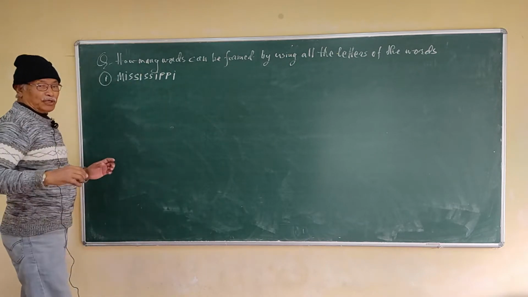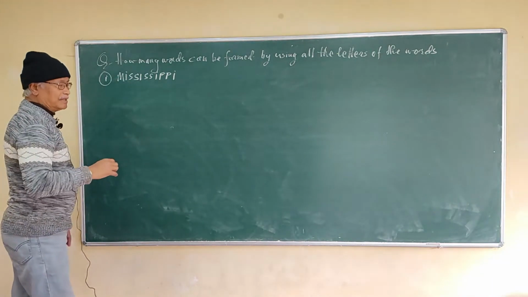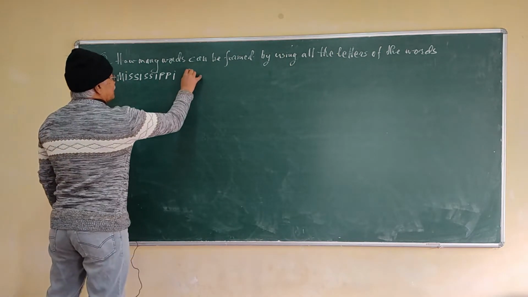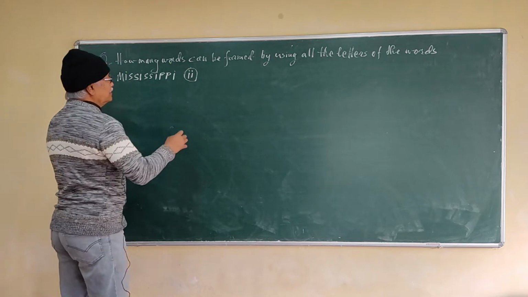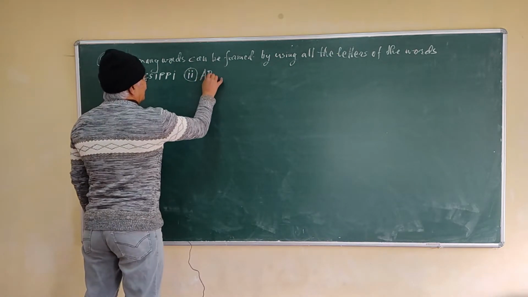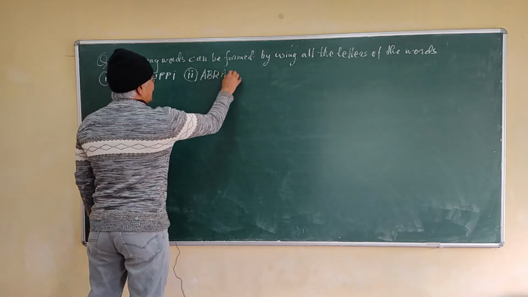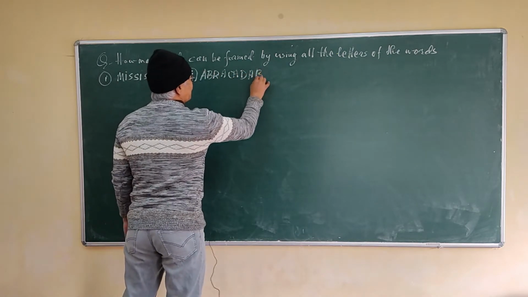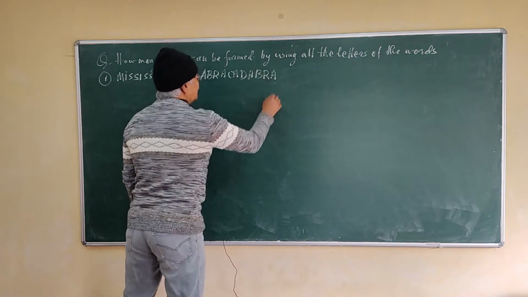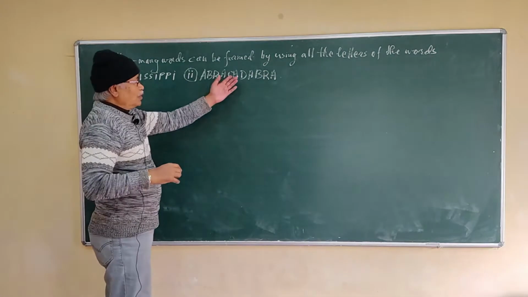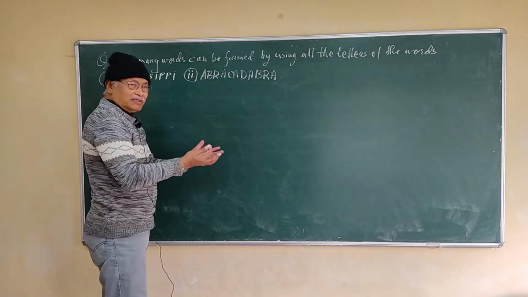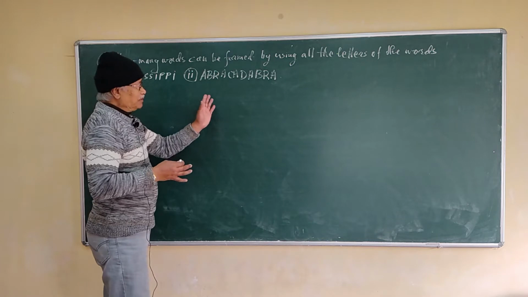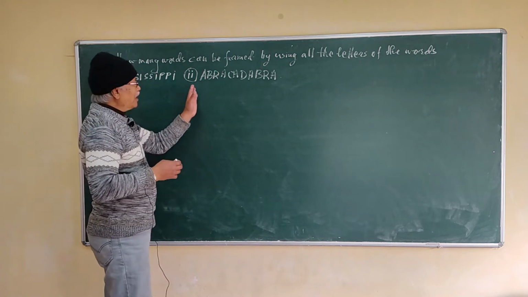I hope all of you know that Mississippi is a river in America. I'll take up another word also, say abracadabra. This particular word is used by the magician just to make the people a little confused and all that.